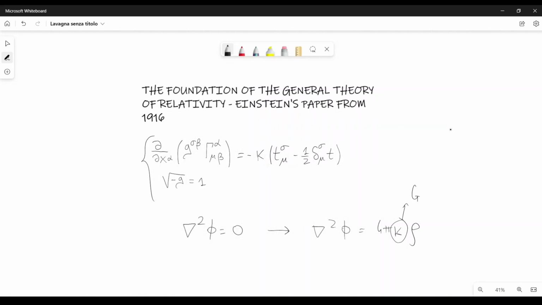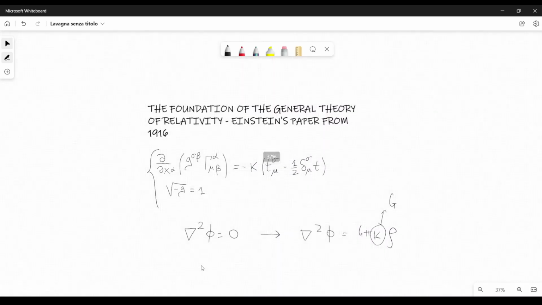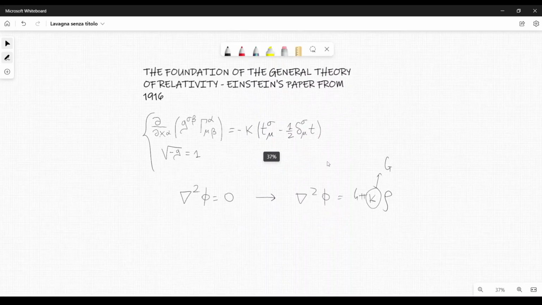Therefore, Einstein argues that in the general theory of relativity, we must introduce a corresponding energy tensor of matter, T alpha sigma, capital T in this case, whereas in here we have lowercase t, and this tensor T alpha sigma should be symmetrical.